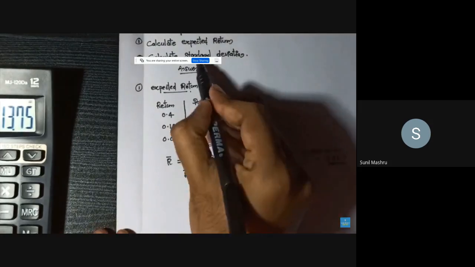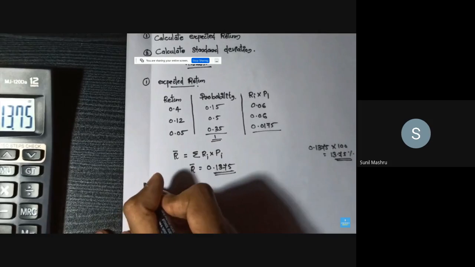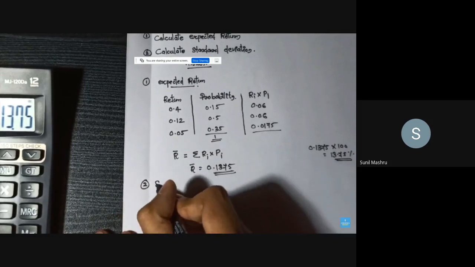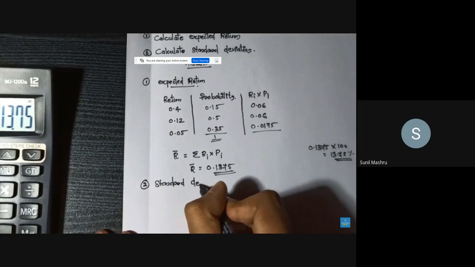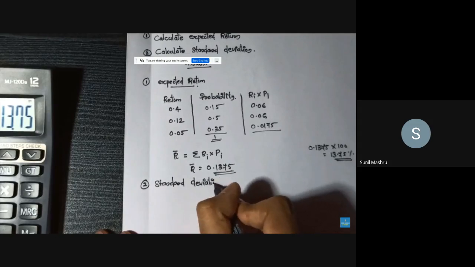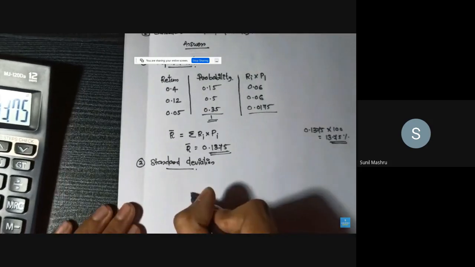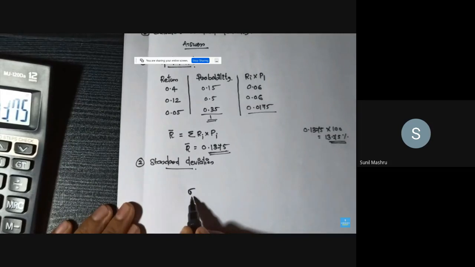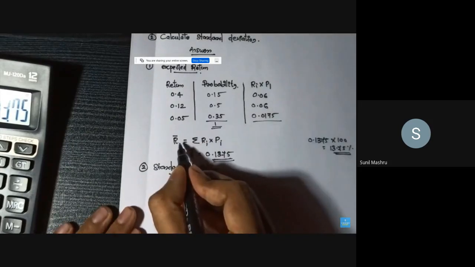Now we have to calculate the standard deviation. This is really important, standard deviation. The equation to find the standard deviation: this symbol indicates standard deviation and R bar indicates expected return.